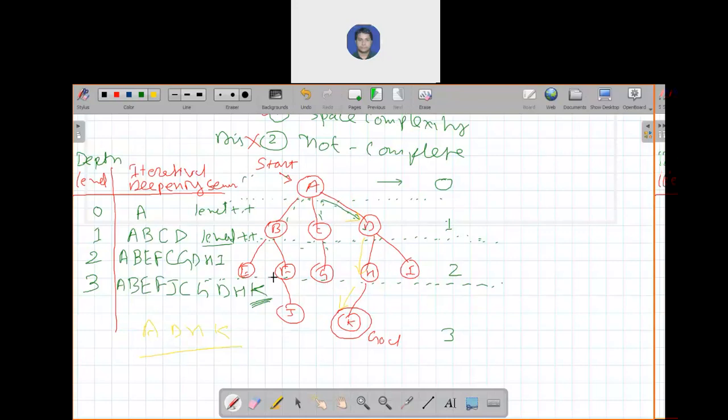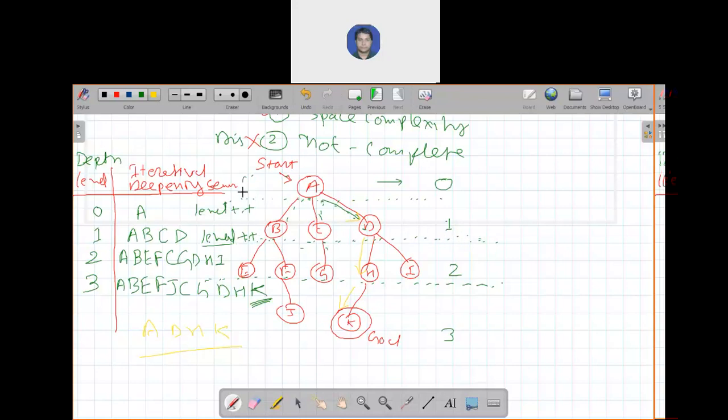Okay, I'm just repeating in short what we are doing in this iterative deepening search technique. We search for our goal state level by level. We first check level or depth 0. If we find the goal state, we will stop. Otherwise, we increase the level by 1 and search for our goal state.